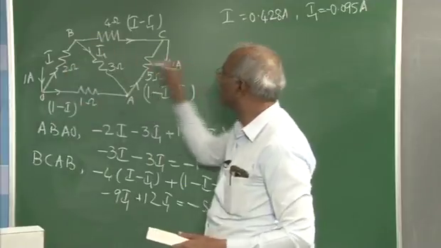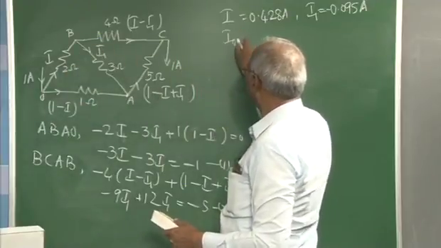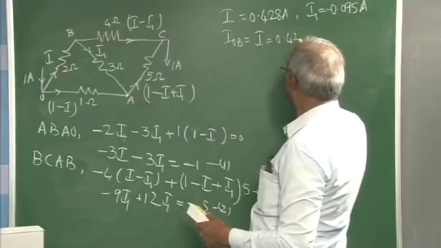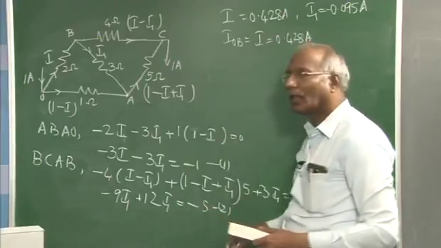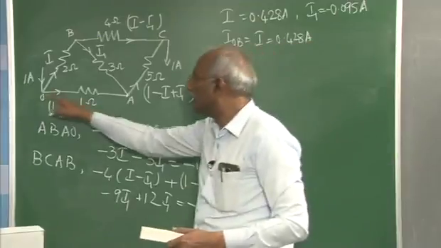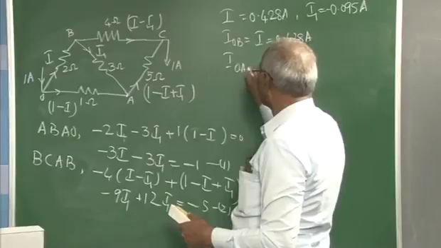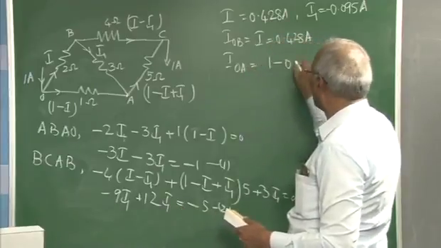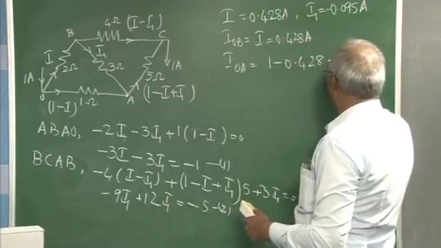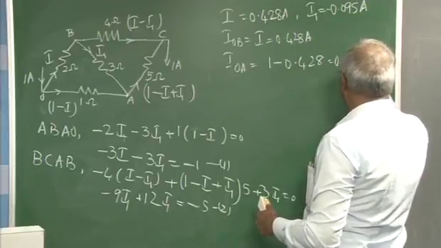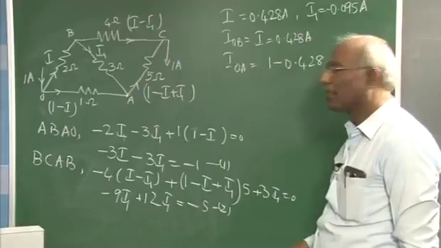So what is this OB? IOB is obviously equal to I, which is 0.428. When it comes to the current here, IOA is equal to 1 minus 0.428, which comes to 0.572 amperes.